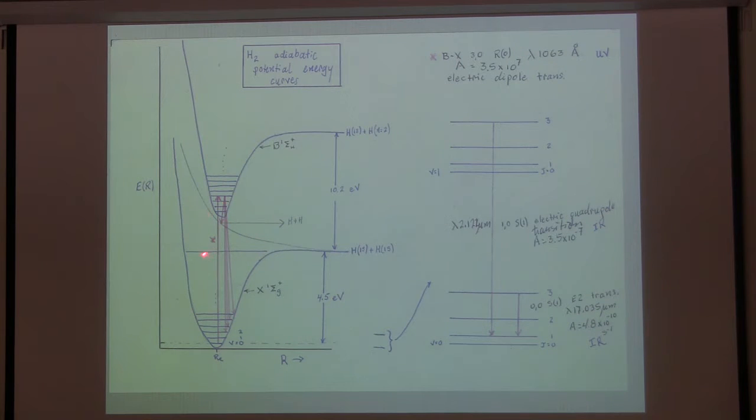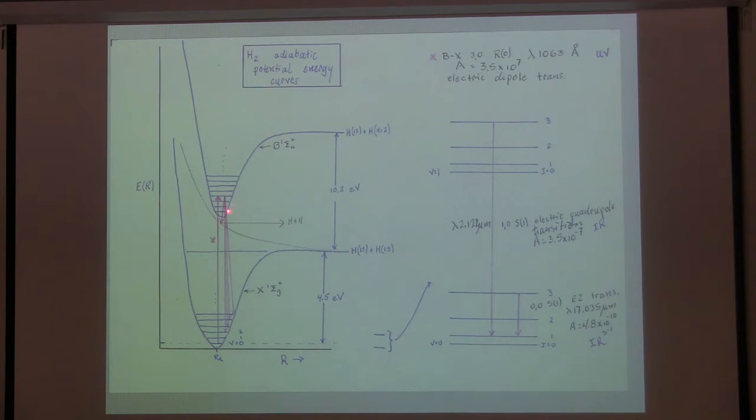Averaged over all of the electronic transitions of H2 and weighted by the spectral shape of the starlight, that channel occurs approximately 10 to 15% of the time.